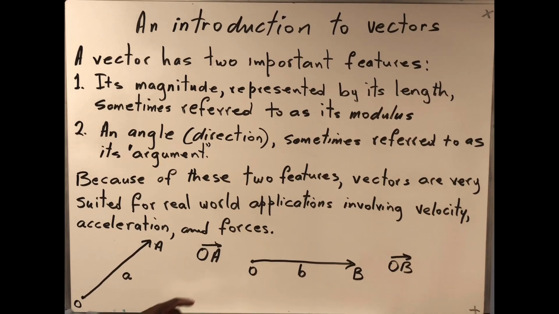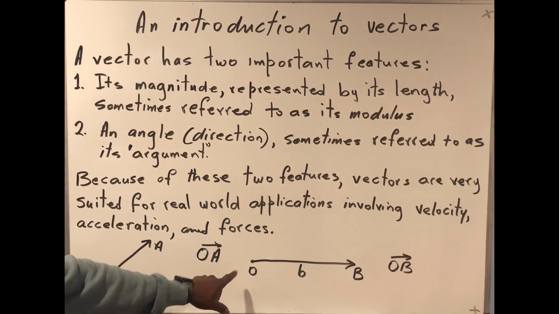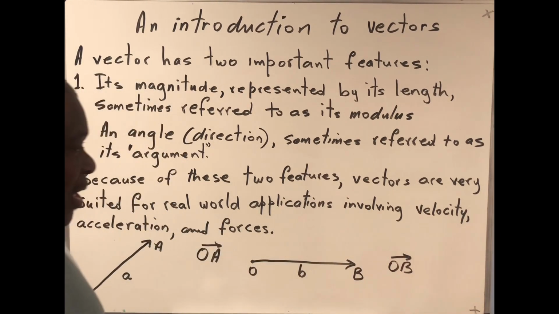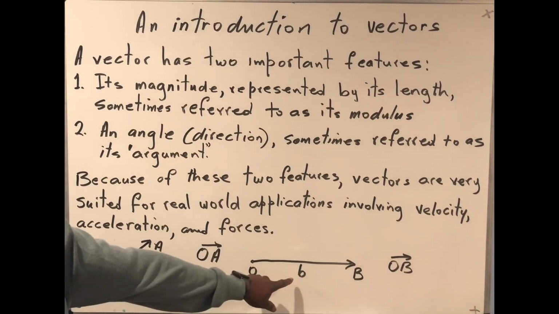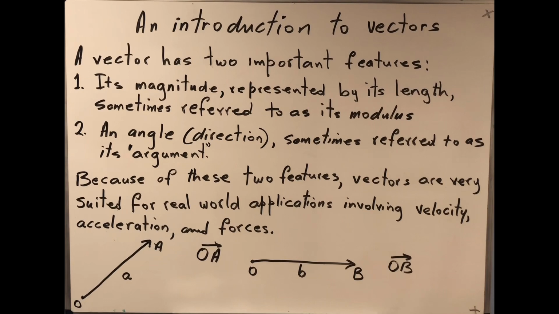Similarly, a vector from point O to point B will be named OB with an arrow on top, but for ease of reference, we would name that vector b. Please note that the arrow is not an indication of continuity, as is the case in some geometric features. The arrow simply indicates the direction of the vector.